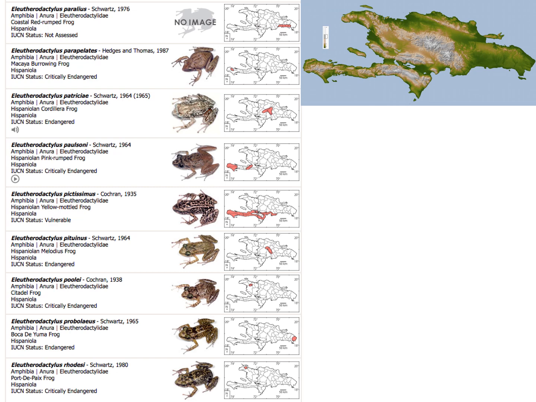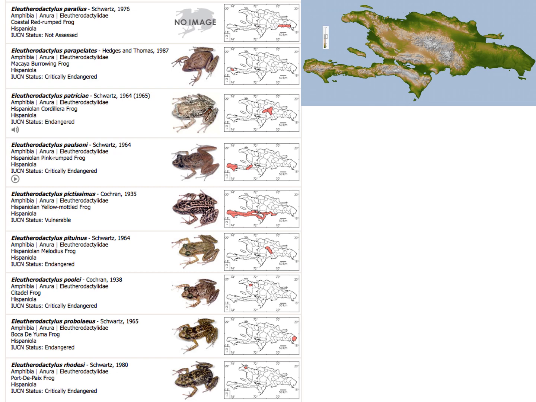The maps to the right of each frog image are shaded red where you can find that species of frog. And in each of these instances, you'll note that the frog is found either on the southern Hispaniolan portion or the northern Hispaniolan portion, okay?